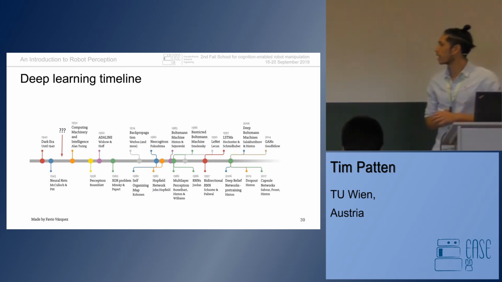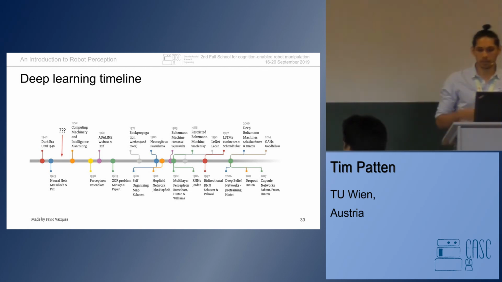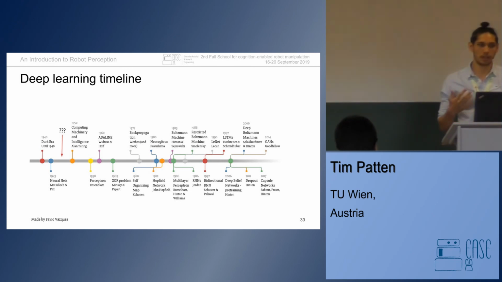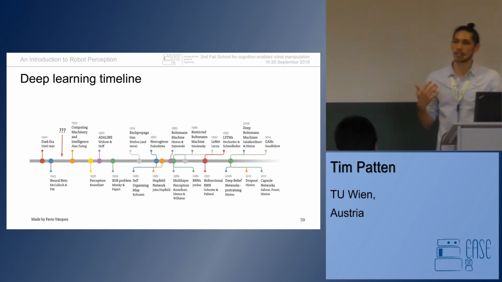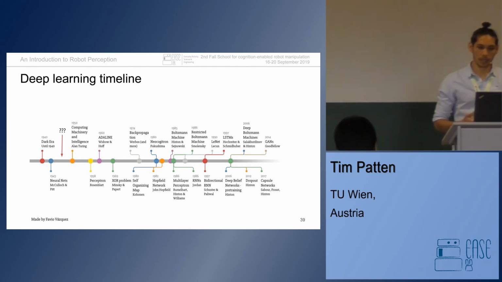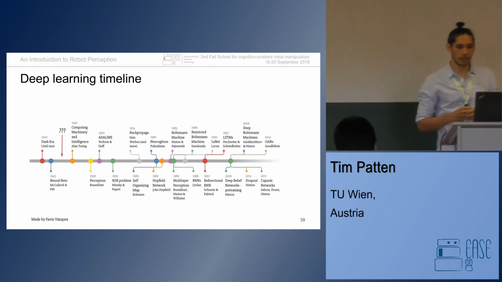Way back in the 1940s, people were researching neural networks, but it's really only in the last, say, 10 years that we're actually starting to see the great performance, and that's due to finally having great, powerful GPUs, so having the computational power to support all this training. We also have data sets large enough to train all the parameters that these networks have.